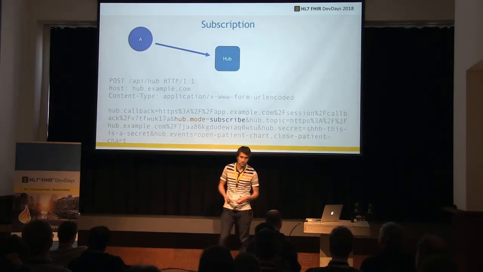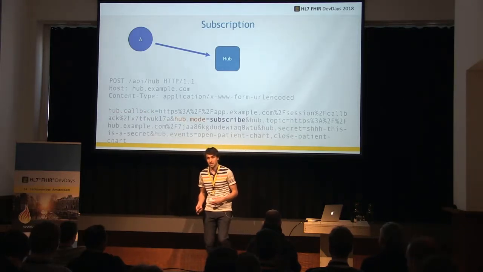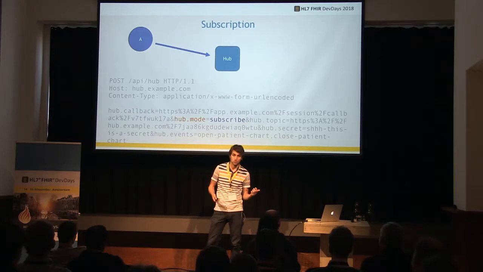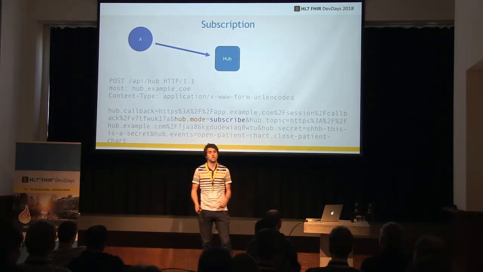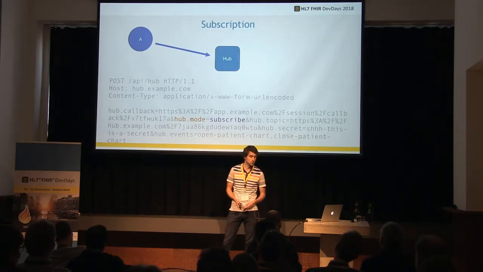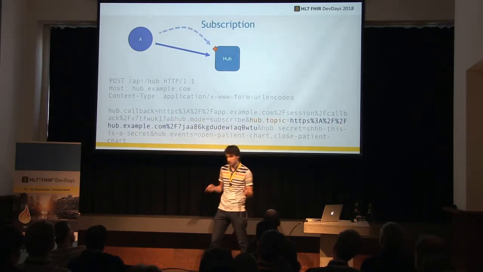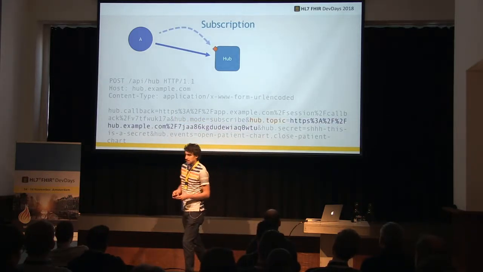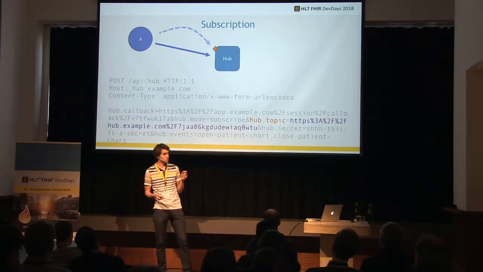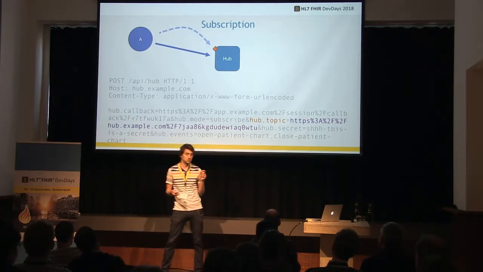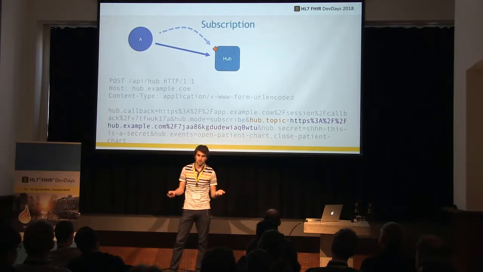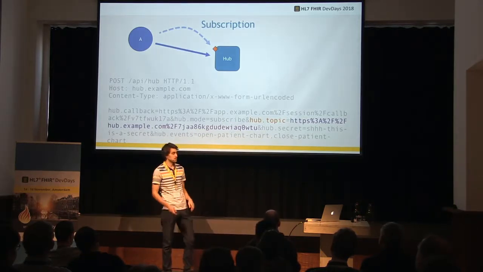Then you have a little thing called mode, and that's just a way of saying I am subscribing, or it can also be I am unsubscribing, so you can stop listening for events if you like. Then we have the topic, which is kind of central. This is a way of saying that I'm interested in this particular context. Maybe it's a workstation, maybe it's an MDT meeting or something else.